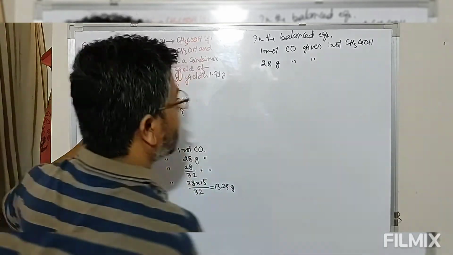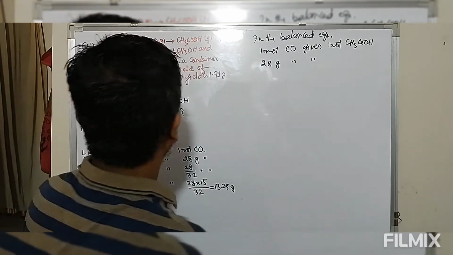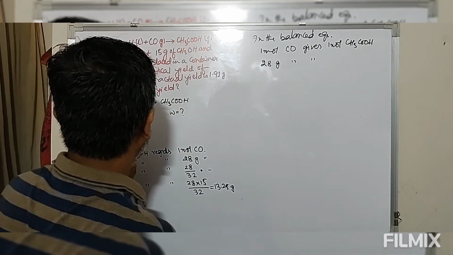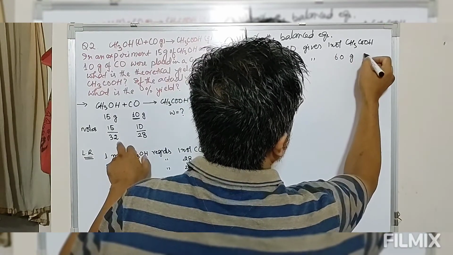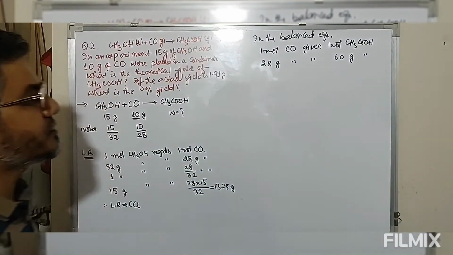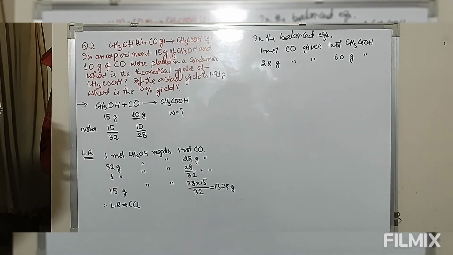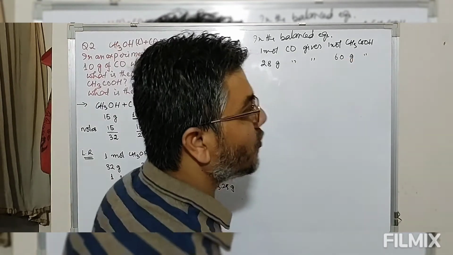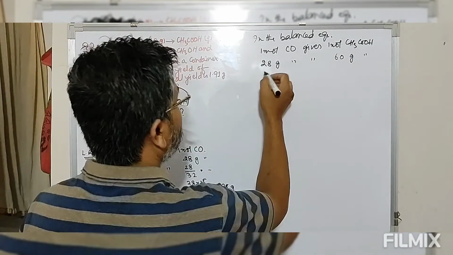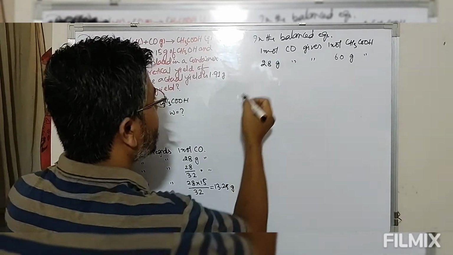Carbon monoxide gives 60 gram of CH3COOH. So 28 gram carbon monoxide gives 60 gram. We have to find the mass corresponding to 10 gram.